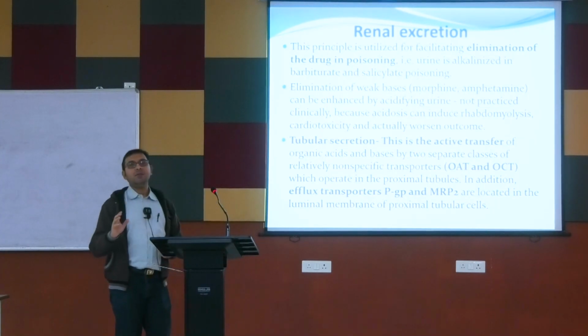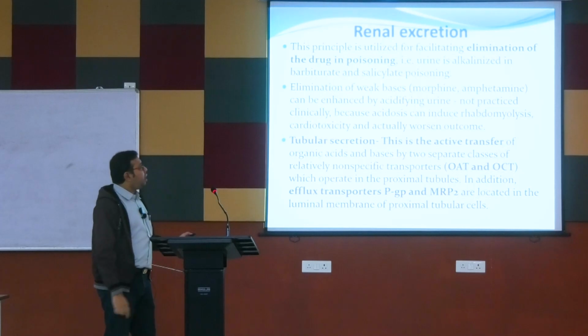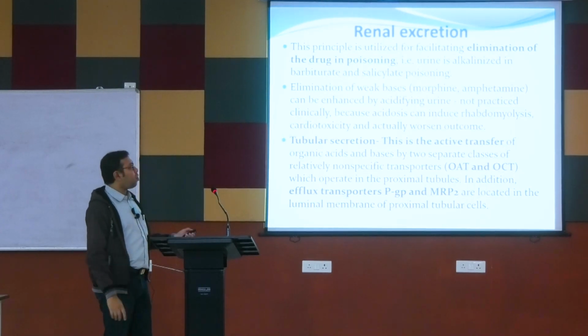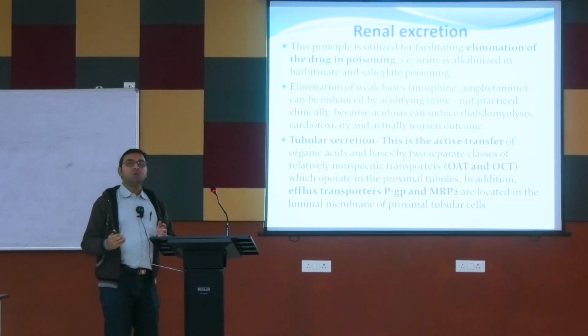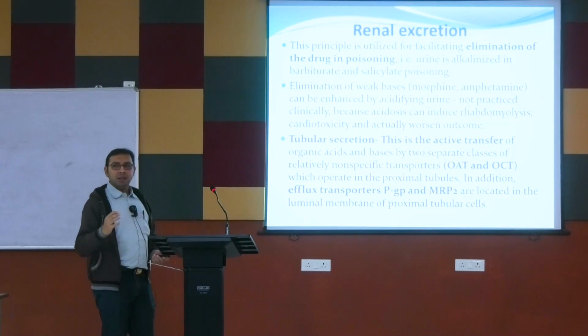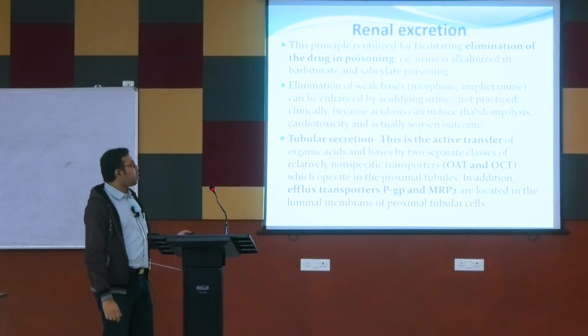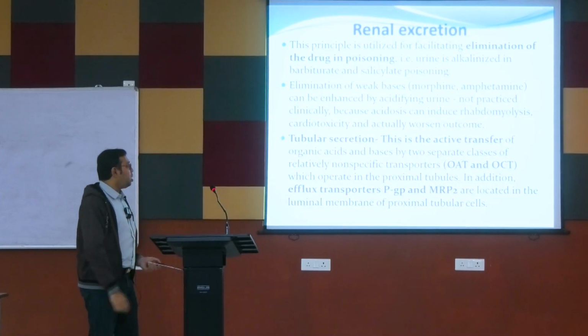So that's why acidifying urine is lesser used than alkalinizing the urine. So it can be used when the morphine or amphetamine, these are the weak bases, when there is poisoning with morphine or something like that. But it is lesser used now because that can lead to metabolic acidosis, rhabdomyolysis, cardiotoxicity, and outcome may be worsened.